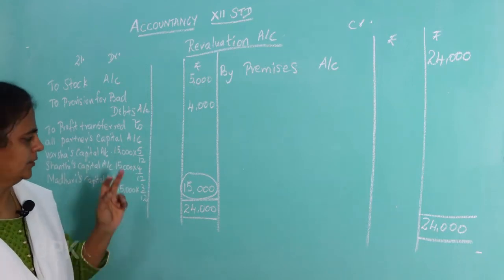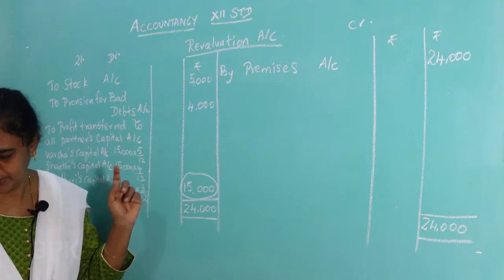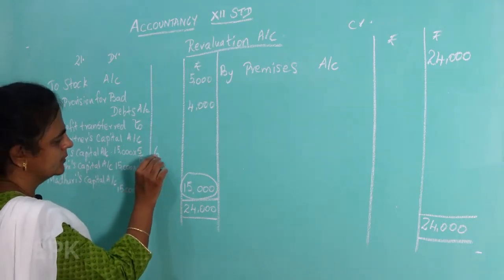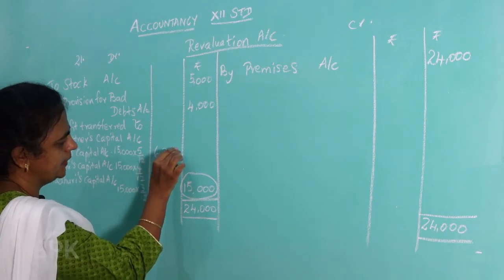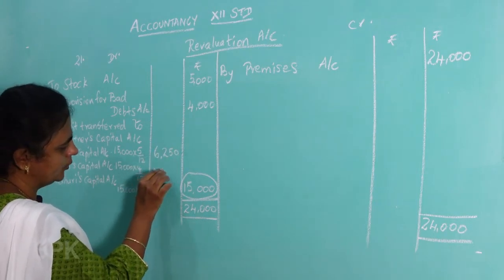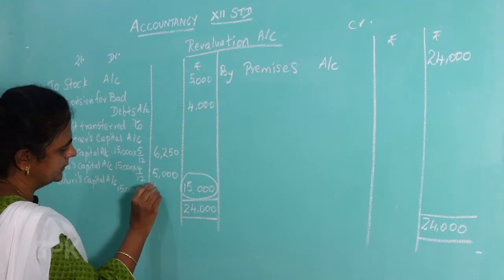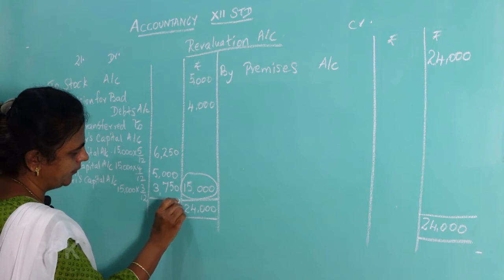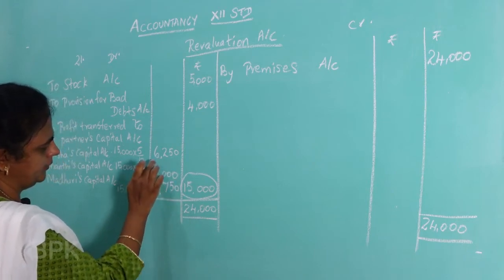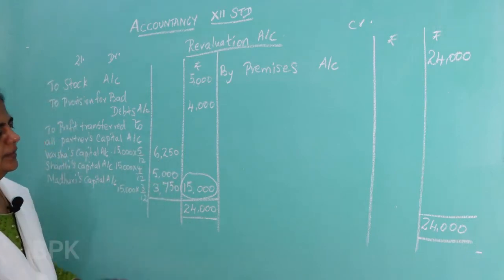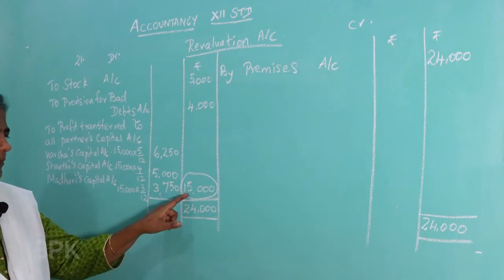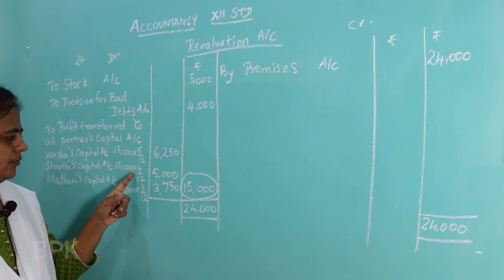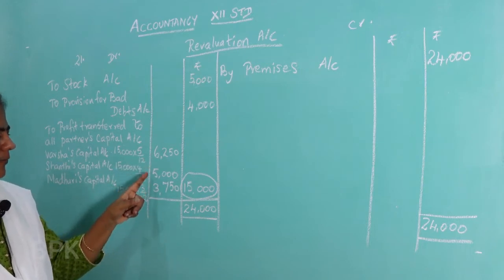Okay, so that you divide, you will be getting 6,250, 5,000 and 3,750. So you add all this, 15,000. Okay. So the profit is 15,000. This 15,000 should be divided in the ratio 5:4:3.